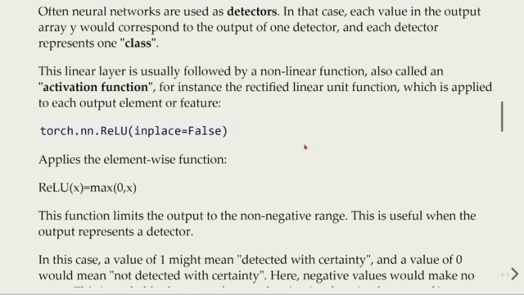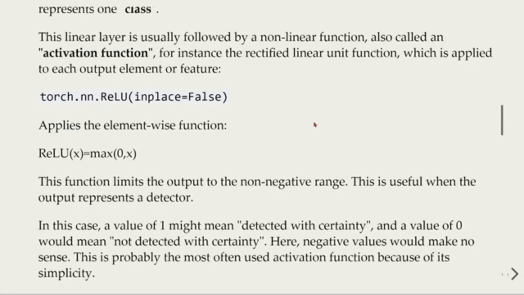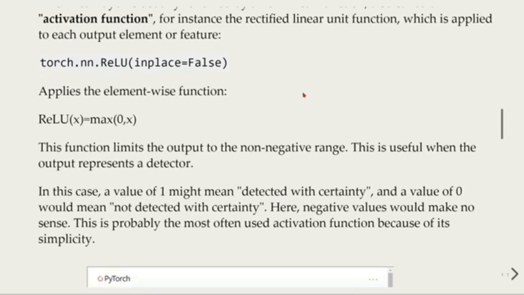This function applies the element-wise function given here. It limits the output to the non-negative range, and this is useful when the output represents a detector. In this case, a value of 1 might mean detected with certainty, and a value of 0 would mean not detected with certainty.